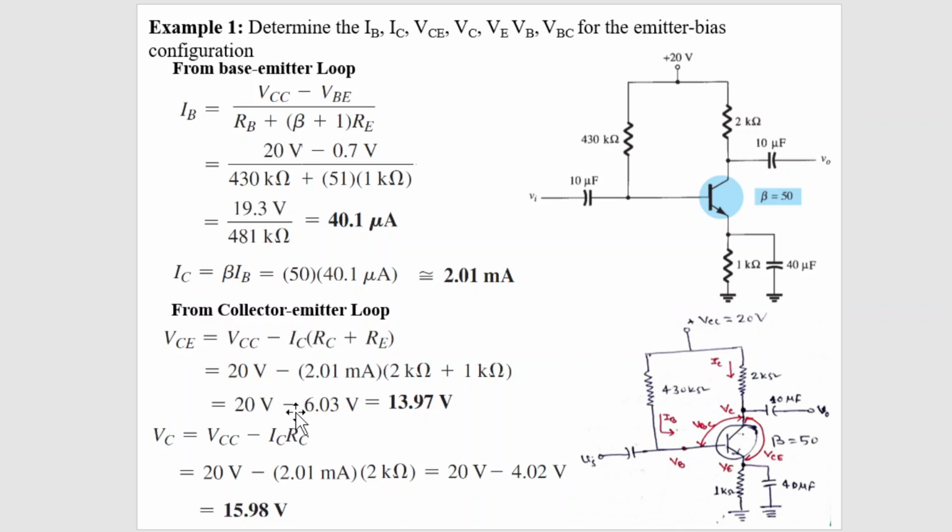So 20 volt minus 6.03 volt is 13.97 volt. So this voltage drop across the collector emitter junction, that is VCE, the red one I have marked, is basically 13.97 volt.